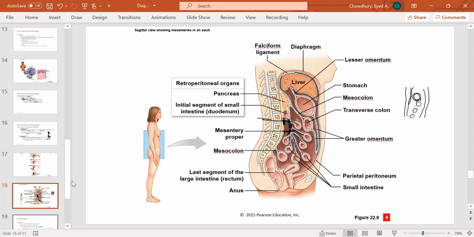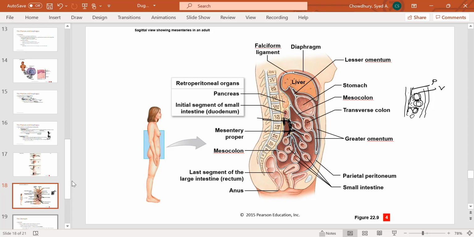So like this, they will fuse here and then cover again, and it will come from the wall too. So this is the parietal layer of peritoneum, this is the visceral layer of peritoneum, and in between you have a lot of fluid. That's the peritoneal fluid in the peritoneal cavity.